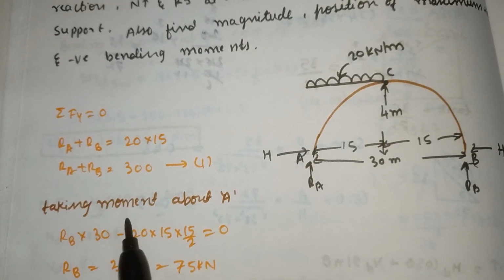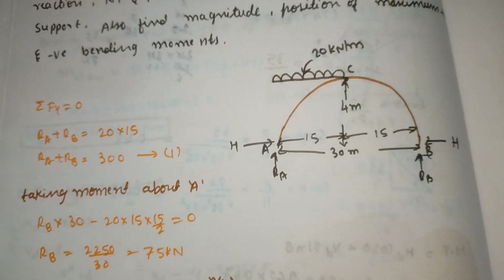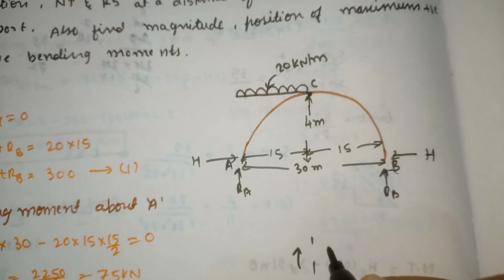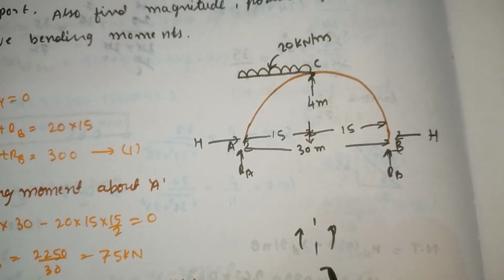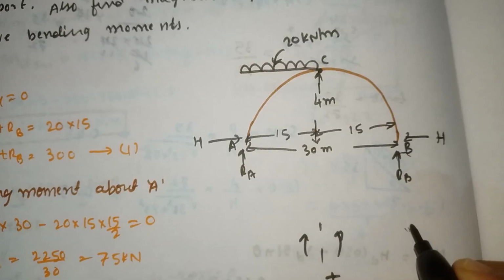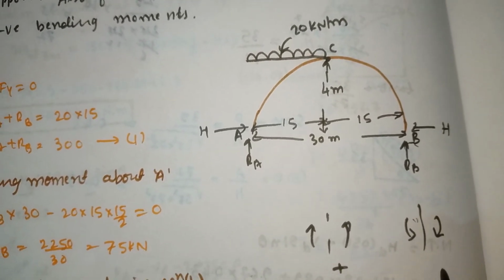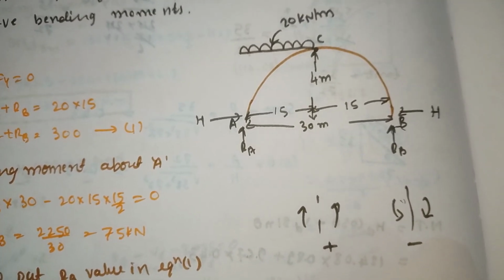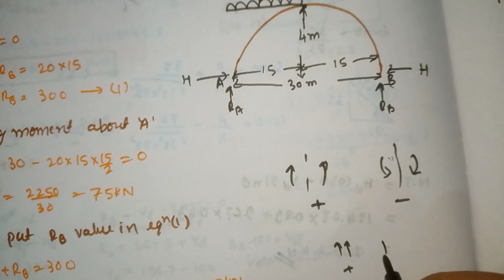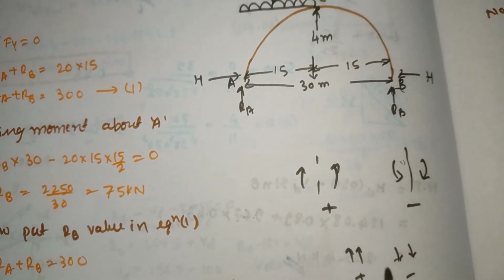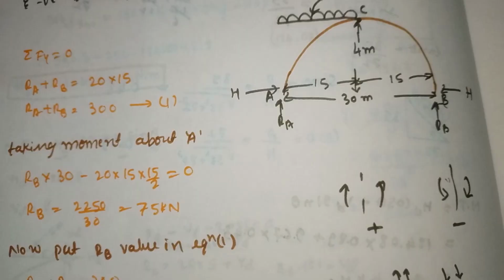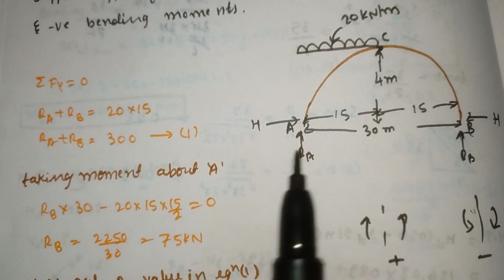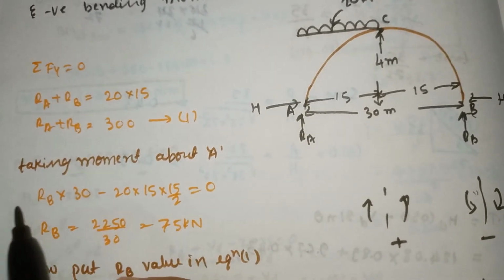Now taking moment about point A. One more sign convention we have to remember: the bending moment moving upward is taken as positive and downward is taken as negative, and all upward forces are taken as positive and downward forces as negative. This is the sign convention we have to apply while calculating. So now we are taking the moment about A, from this side.